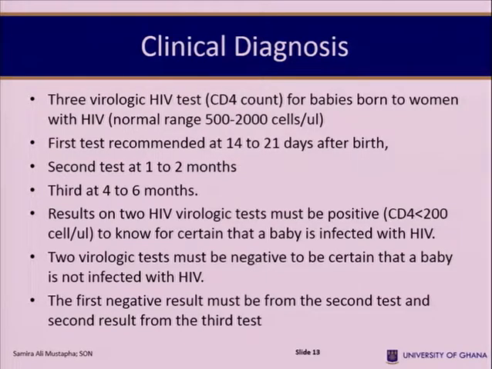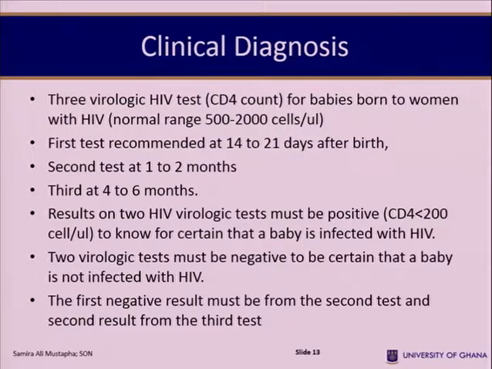The true positive result of the virologic test must be less than 200 for us to say that the baby is infected. A true negative test must be negative for us to say the baby is not infected. So the first negative result must be from the second test, and then the later test confirms that. We have talked about some common conditions.